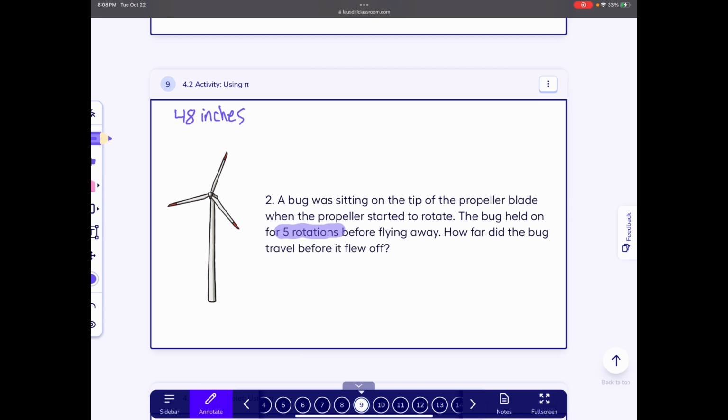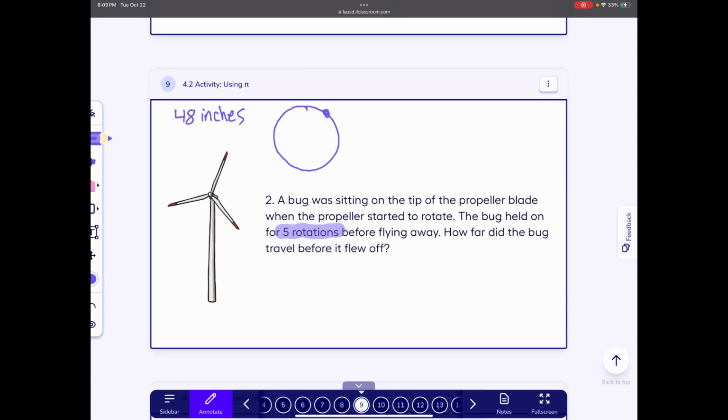The bug's at the tip of the propeller. If you think of the propeller as a circle, the bug's at the edge of the circle. It helps to draw a picture. These circle problems are very geometry heavy, and when something's geometry heavy, you always want to draw pictures. The bug's on the edge of the circle, and that's the key point when solving this problem.